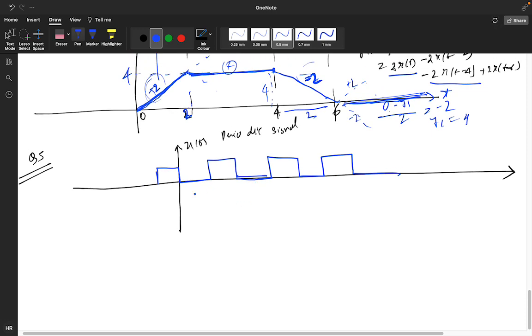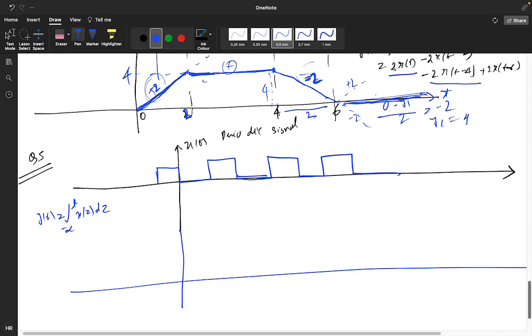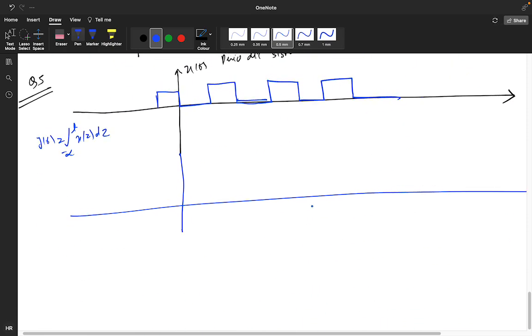You need to find the integral from minus infinity to t of x of tau d tau. That is your y of t. So they had mentioned this is 2. So this is 0, this is 2, this is 4, this is 6, and this value is 4.